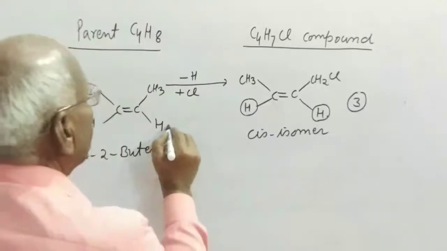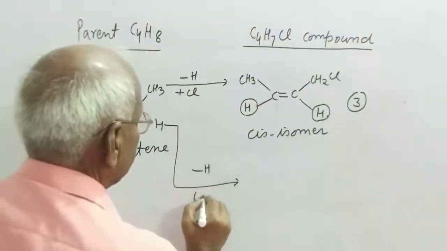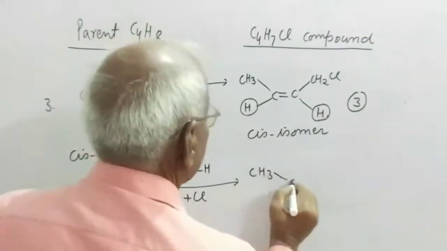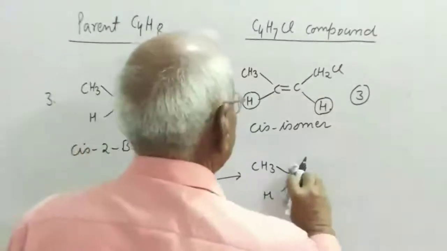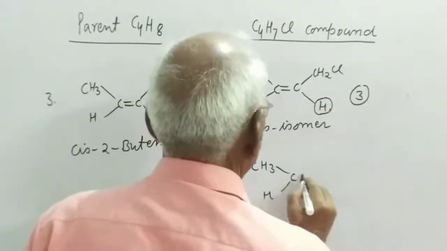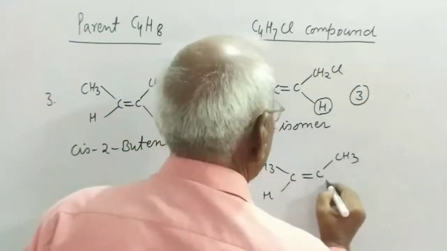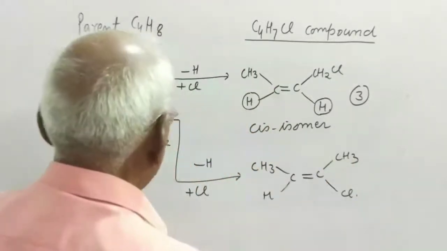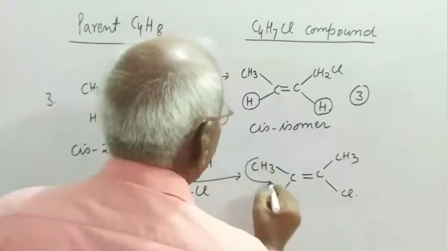Now replace this hydrogen by Cl. Then we get another structure, CH3, C, CH3 and Cl. This is cis.